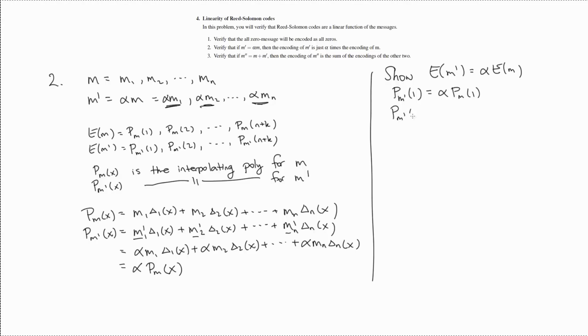P sub m prime of 2 is equal to alpha times p sub m of 2, all the way up to p sub m prime of n plus k is equal to alpha times p sub m of n plus k. Now, since we have shown that the polynomial p sub m prime is equal to alpha times the polynomial p sub m, this is immediately true, and we are done.